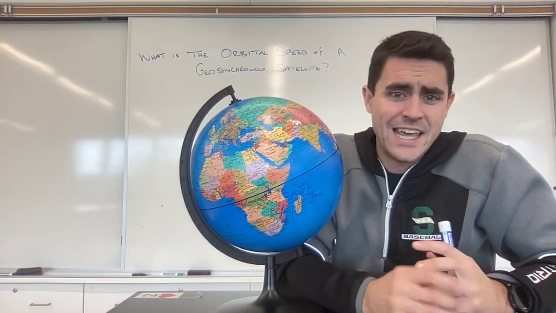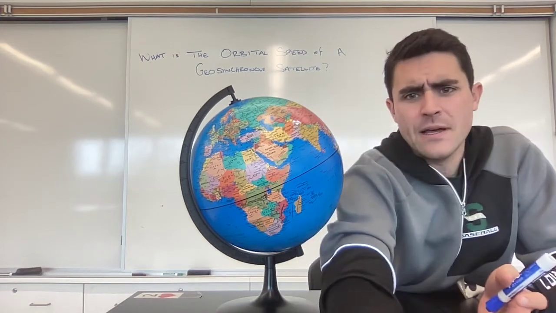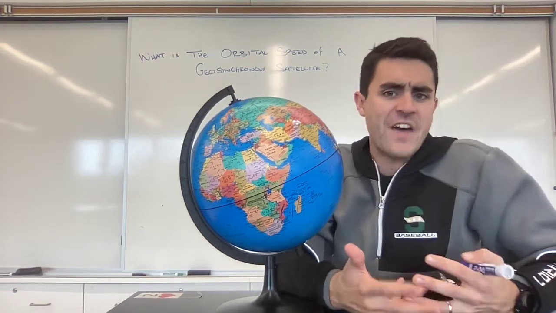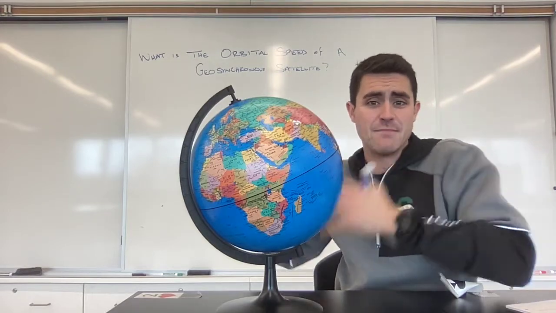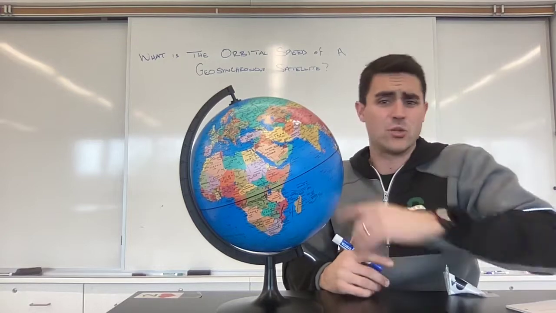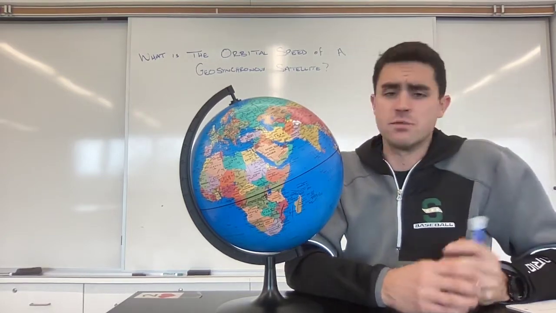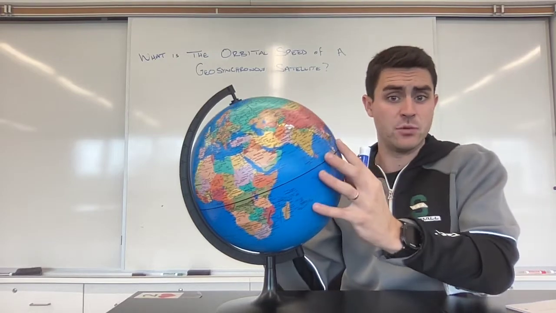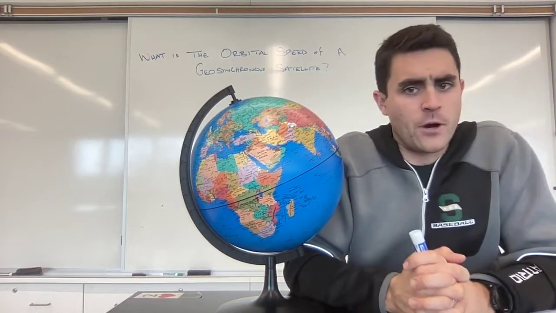It does not take a very long time for it to move around the globe. So naturally, the satellite is moving faster than the Earth is rotating, right? It's moving around the Earth every 90 minutes. It's every hour and a half. It makes one revolution around the planet. So it's moving much, much faster than our planet is moving itself, right? Our planet spins on its axis roughly every 24 hours.